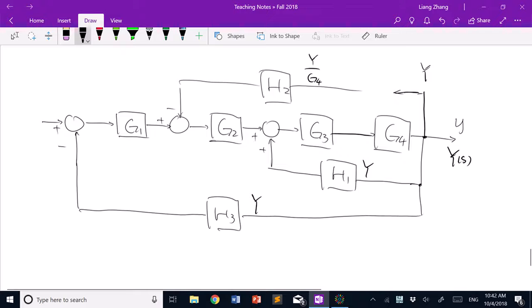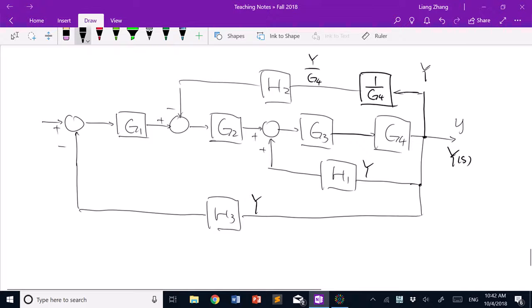But of course, if the signal at the input is y, but eventually I want y over G4, what do you need? You connect it with a block with transfer function 1 minus G4 to make this happen. Right, and there you have this one.